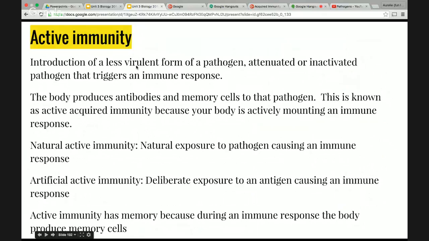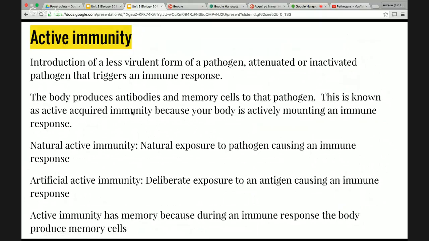Less virulent means a different form of the same pathogen that is less harmful, that won't really make you sick. What happens is when you are given this vaccine, your body starts producing antibodies as well as memory cells to that pathogen. This is known as active acquired immunity because your body is actively mounting an immune response.